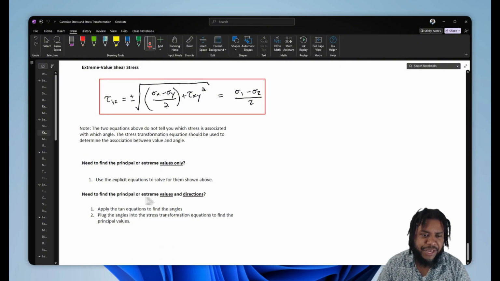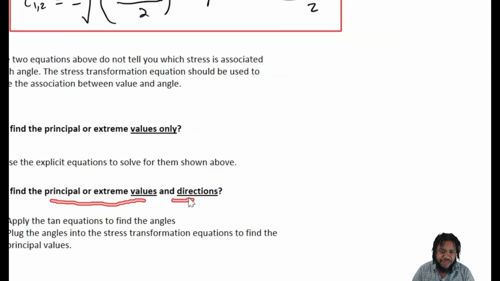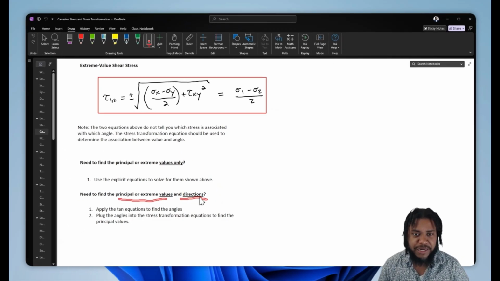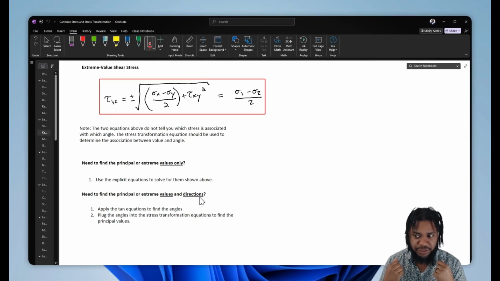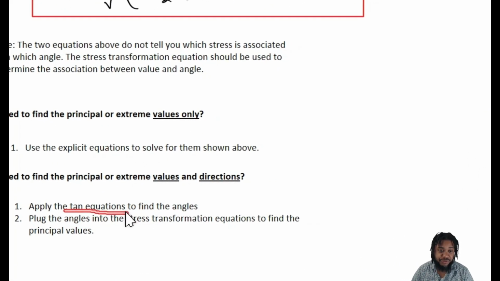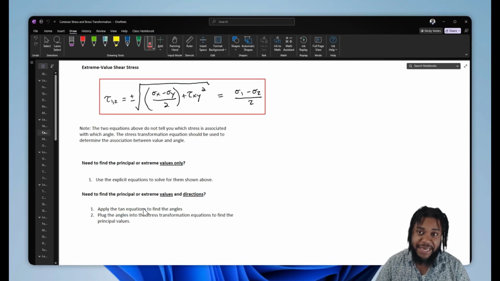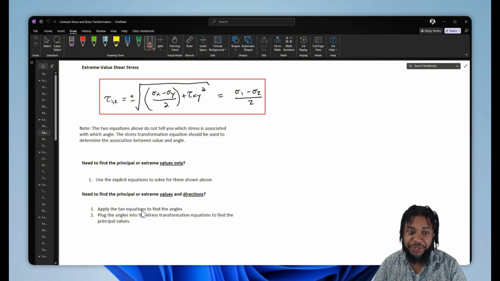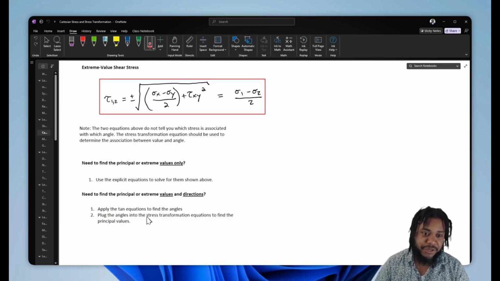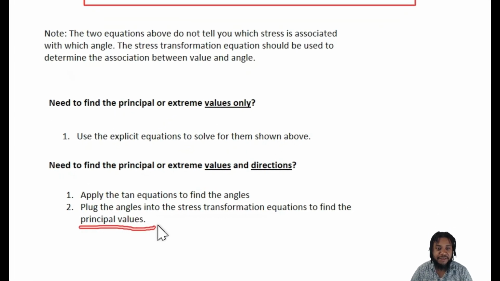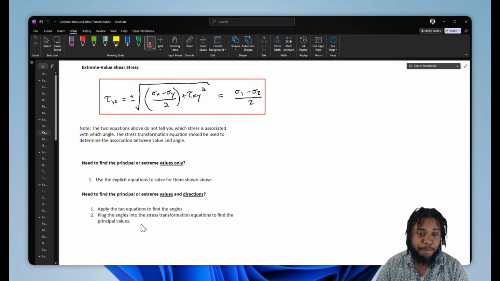But if we're being asked to find the values and the directions, so we want to find not only the principal stress value, but its direction in a body, then we need to go further back and first apply the tan equations to find tan 2 phi p and 2 phi s, and then plug those angles in to the stress transformation equation to find the extreme values, right?